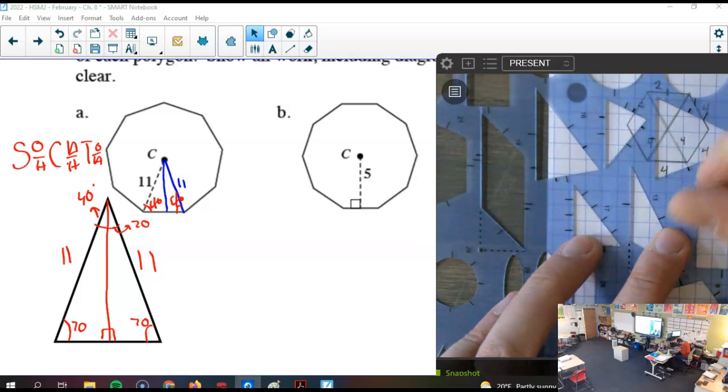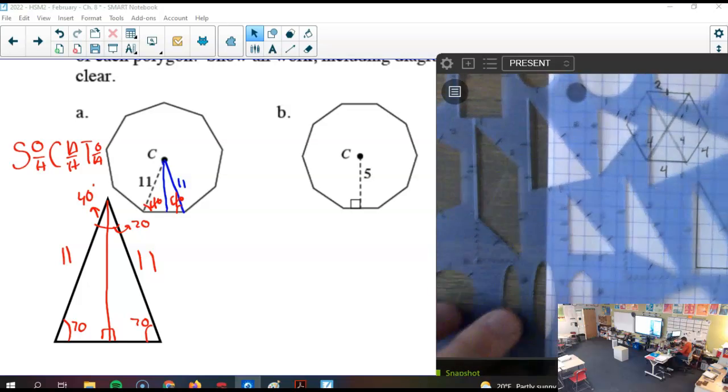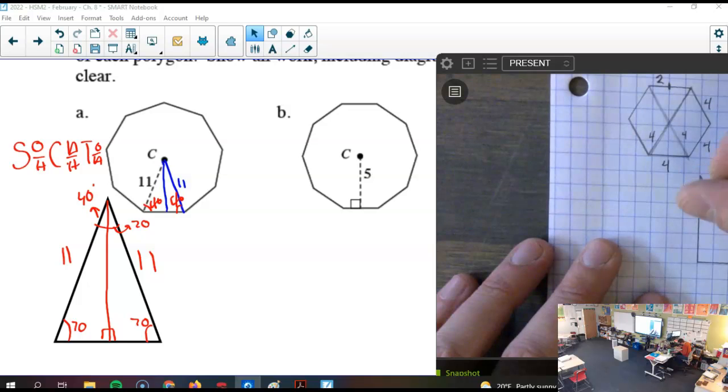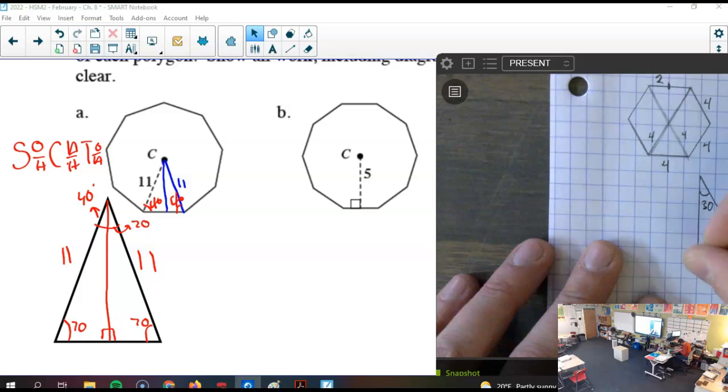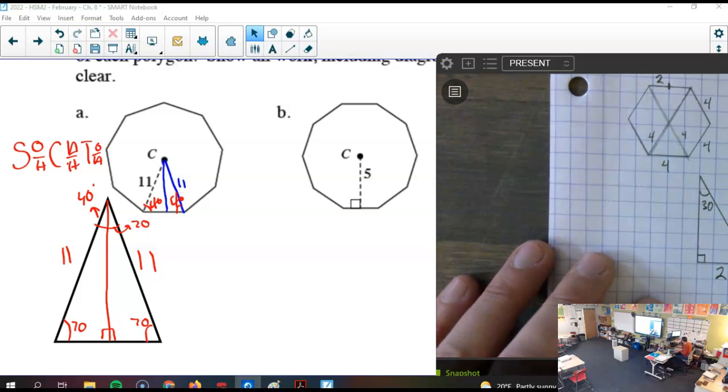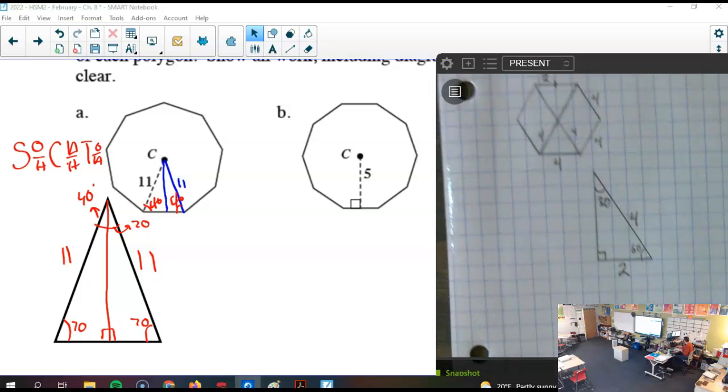Scale does not matter because we're trying to use what we got. So we got a 30, 60, 90, with this being 4, this being 2.